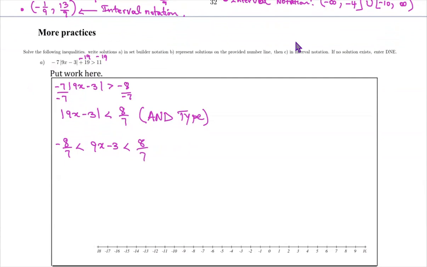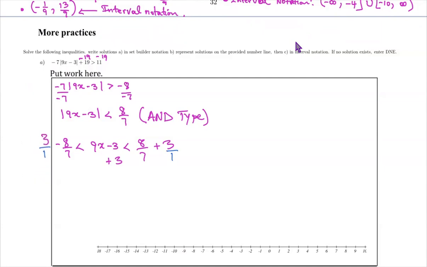Now we can add 3 on all three parts of this. And then with 3, we see that it's denominator 1. We want a common denominator to combine these fractions.